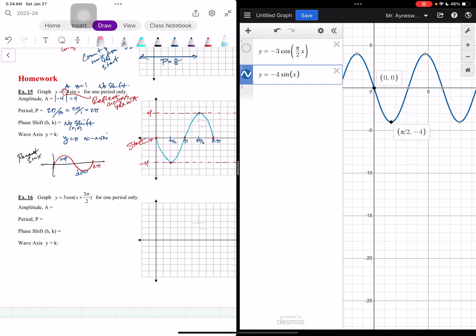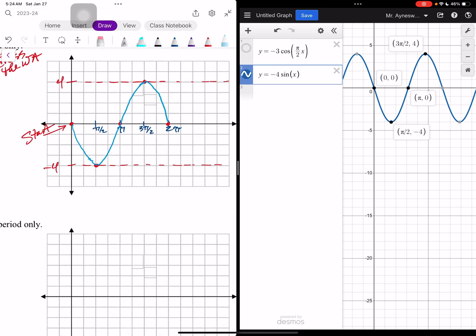Then you plot a couple points, and you see if you're right. Over here on the left, let me label a couple points. This point down here is pi halves comma negative 4, which is the same on Desmos over here on the right.